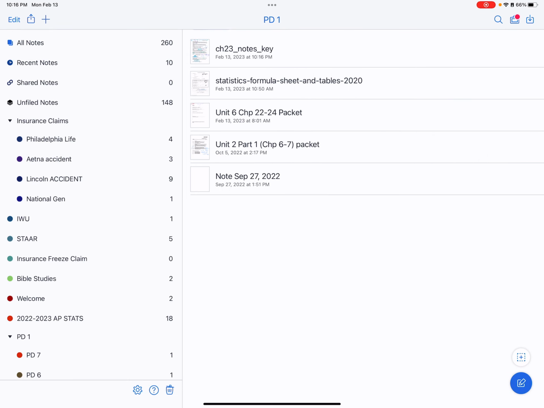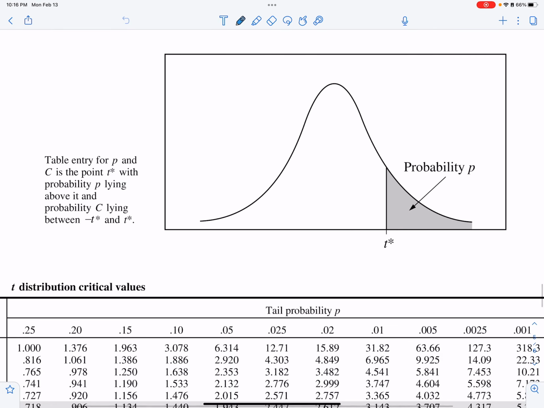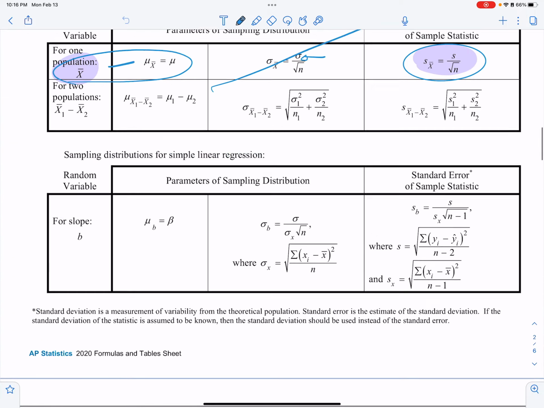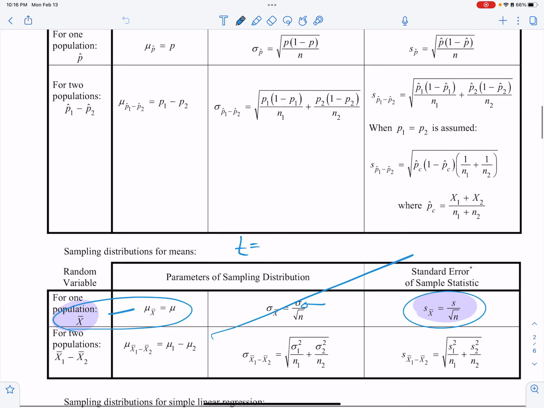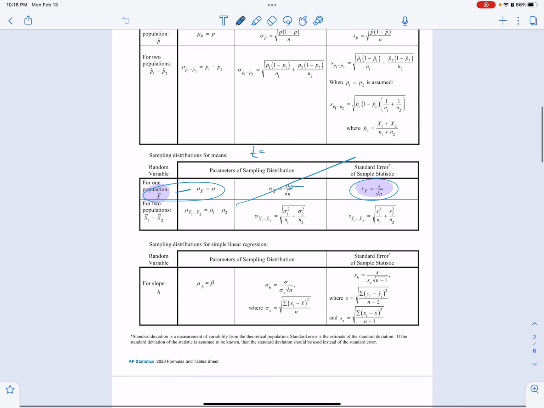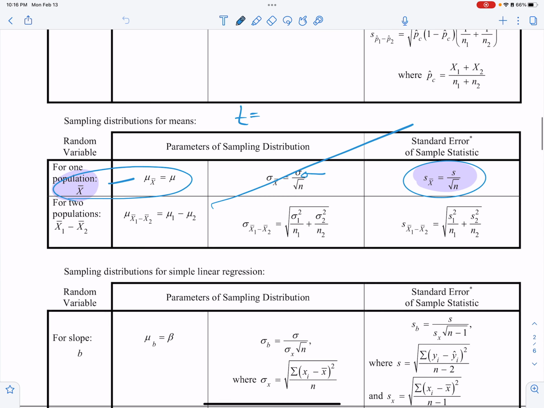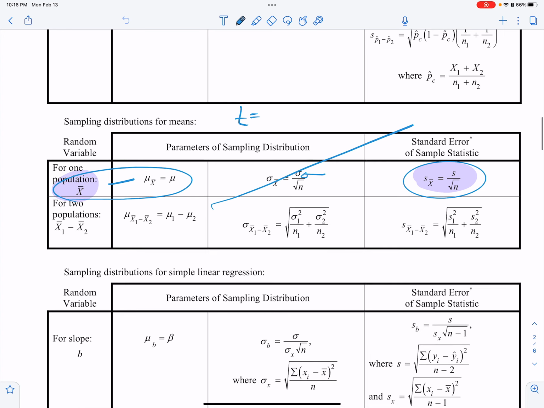Let's jump to our formula chart. You can check out our formula chart on the second page. It's the second page here, and this is in the middle. So what I have written here, you can see, is the formula of my t-star. This first part here, you can see, is x̄ minus mu, divided by my standard deviation, s over square root of n, excuse me.